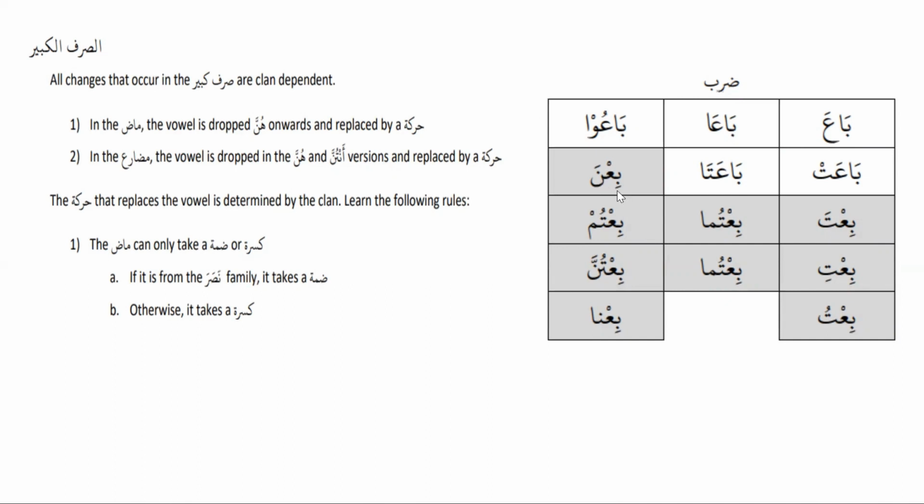Because it is Daraba family, not Nasara family. That's why it takes Kasra. And from Hunna onwards, all other sigat from Sarf Kabir take the same form. So Hunna bi'na, anta bi'ta, antuma bi'tuma, antum bi'tum. So this is about the Daraba family because ba'a is from the Daraba family.